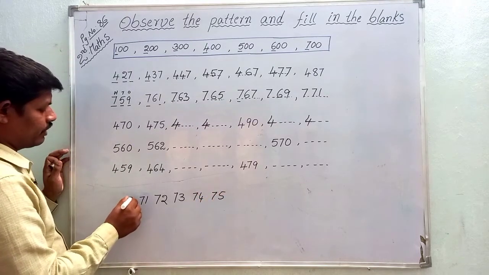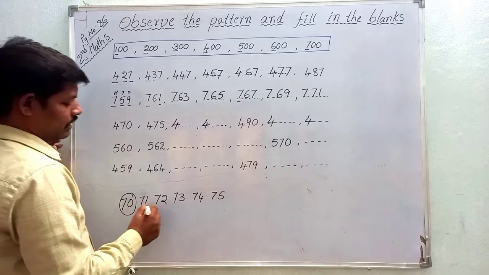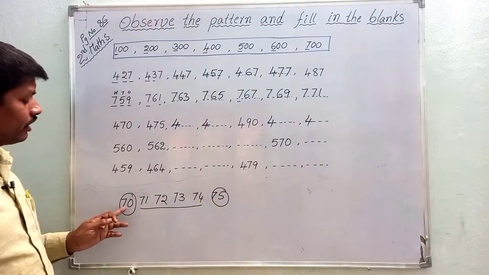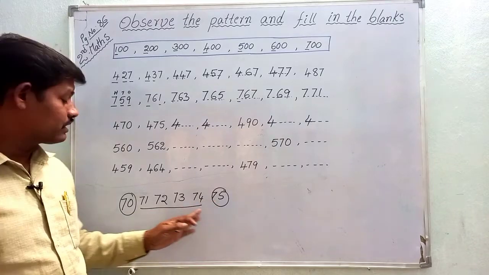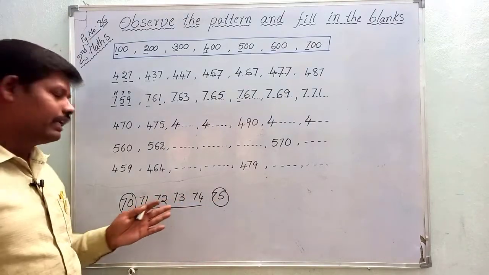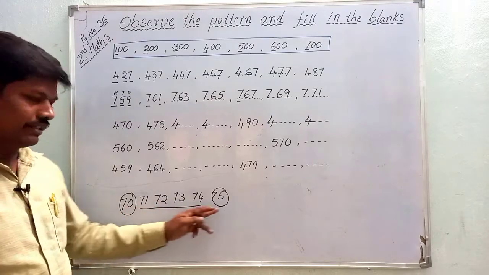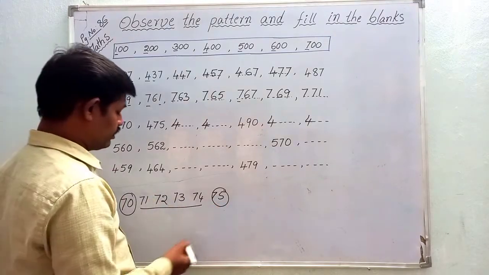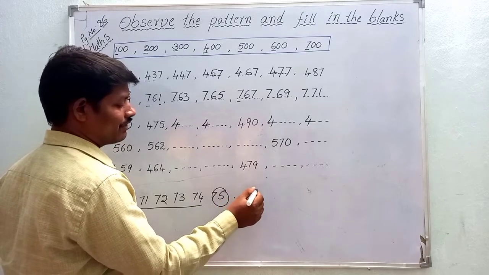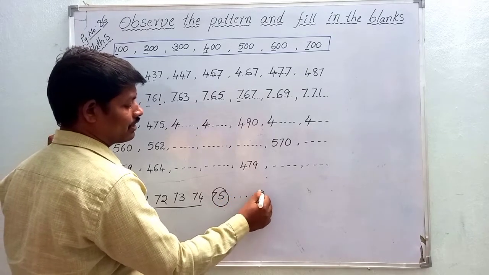First we have taken this number, then 4 numbers left out, next number taken. So this is the 5 table actually. If you know the 5 table, it's very easy. 70 and 75.